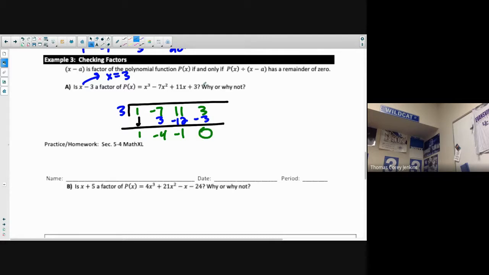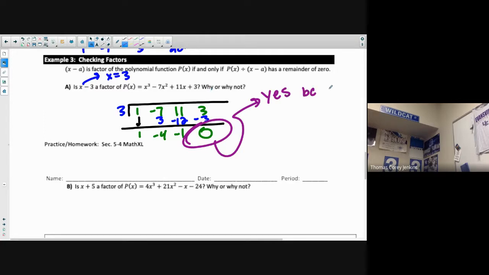So if we're going to answer this question, is this a factor of this? The only thing we really care about is the remainder, right? So the fact that the remainder is 0 tells me that yes, because it asks us to explain, right? So why do we know?